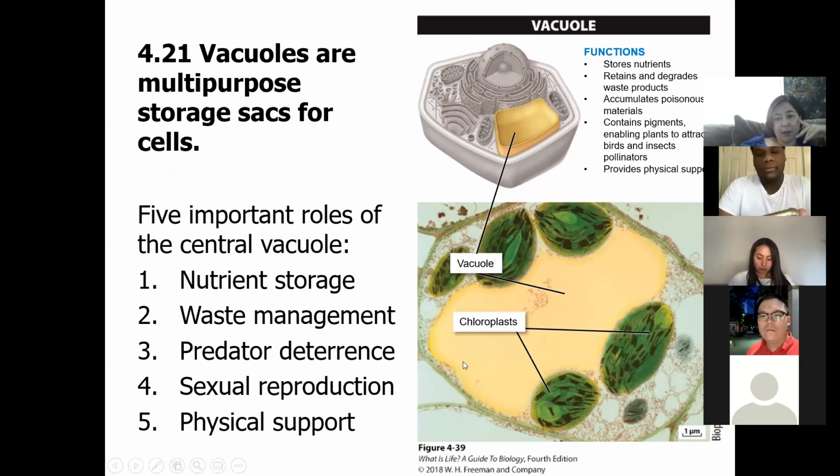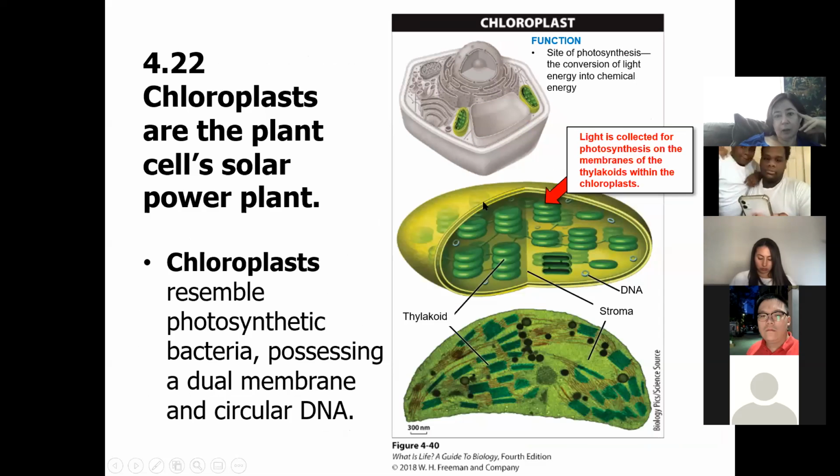Predator deterrence, they can sometimes have certain substances that repel pests. Could be used for reproduction, for physical support. That's the vacuole. Chloroplasts are used for photosynthesis. So, 3 organelles present in plants: cell wall, vacuole, and chloroplasts.